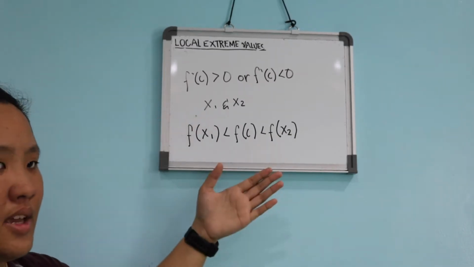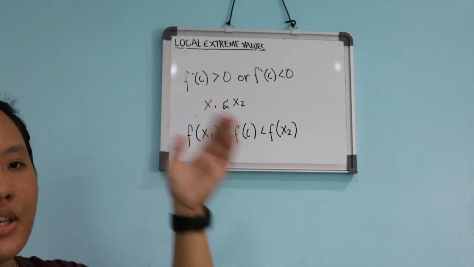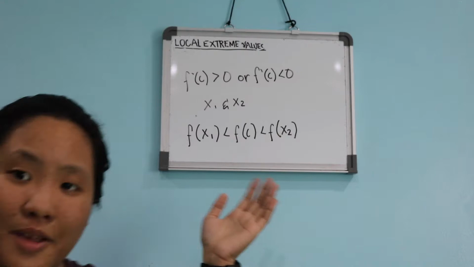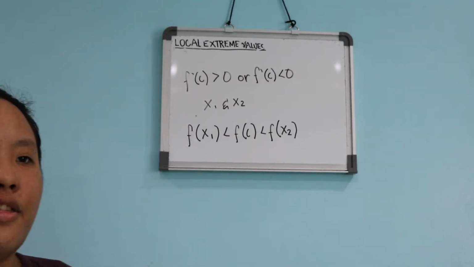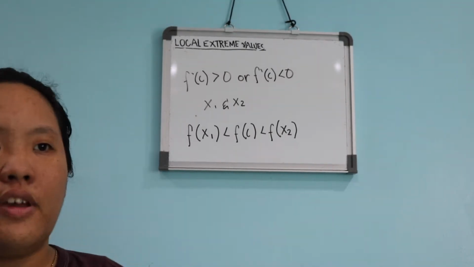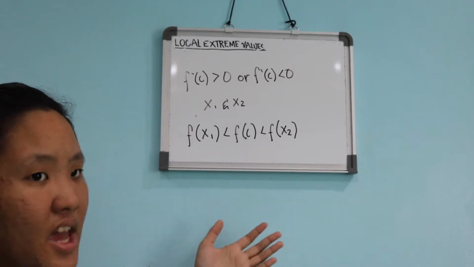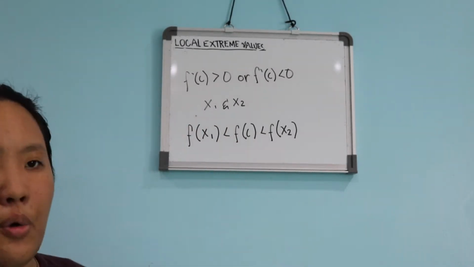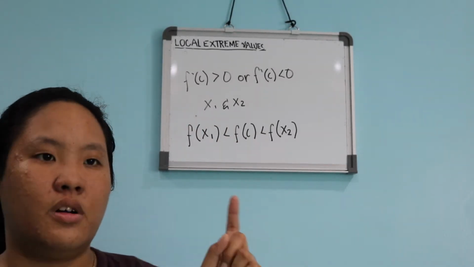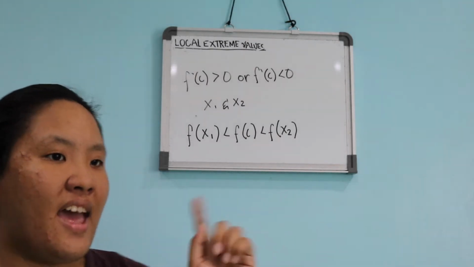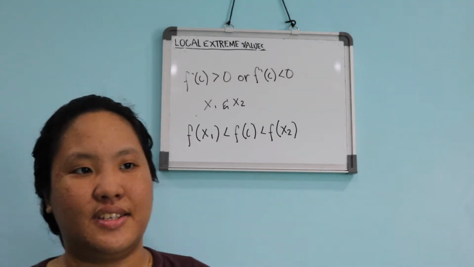This is what makes it impossible for a local maximum or local minimum to occur at c. Therefore, if f prime of c exists, it must have a value of 0. The only other possible way is that f prime of c does not exist.